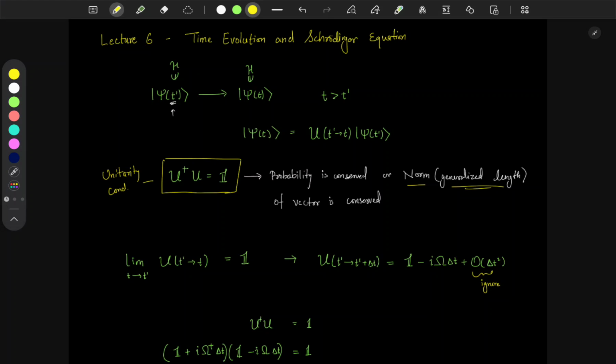Today we'll discuss the outcome of the mathematical properties that this time evolution operator has.